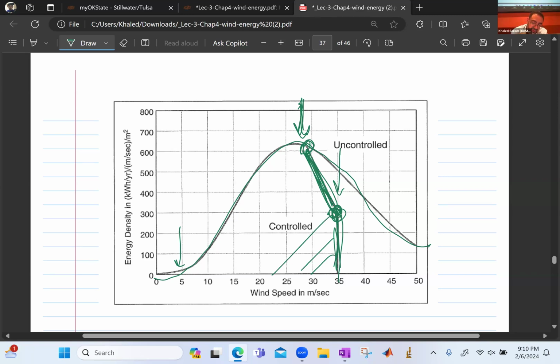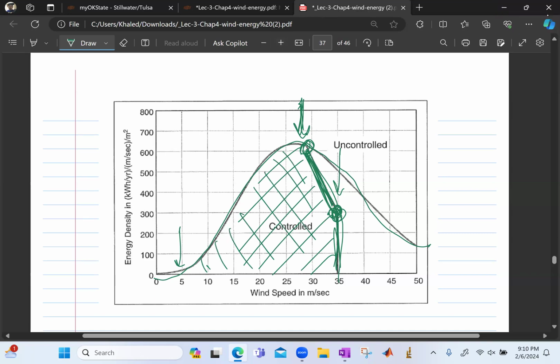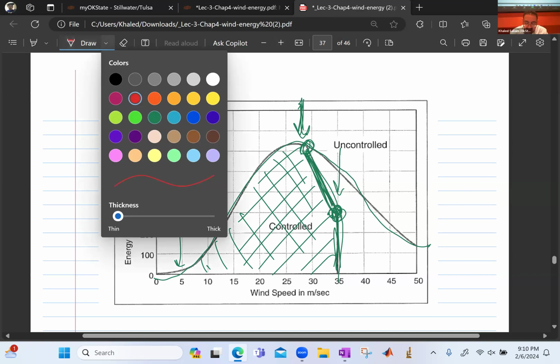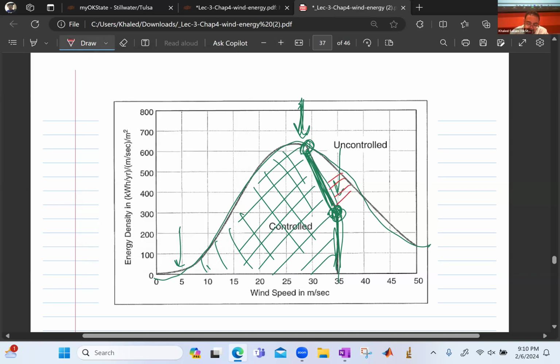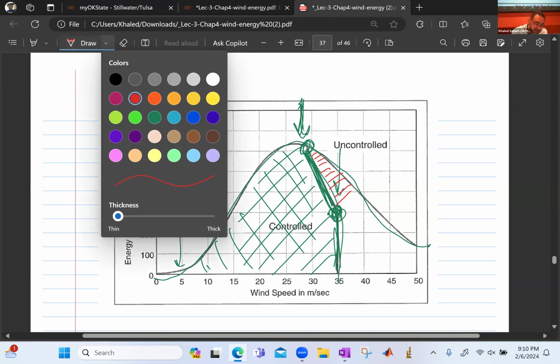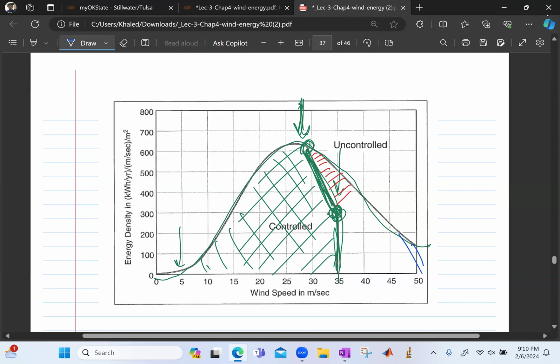So this is what you harvested, and this is the part that you lost because you said my generator is rated at 7 megawatt. I'm not going to get that extra. And this part is the part you say, I'm not going to get it because I have it cut out at 35. I'm not going to get any of this.